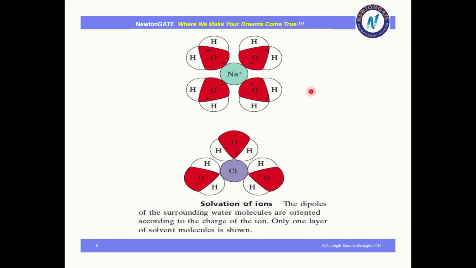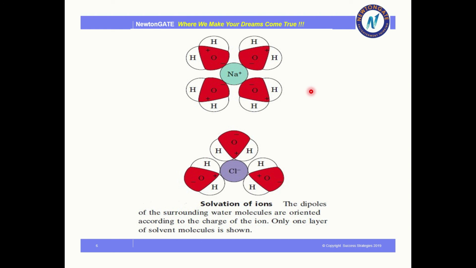So an ion immersed in a polar solvent like water attracts the oppositely charged ends of the solvent dipoles. Na+ will attract the O negative part, right, and Cl- will attract the positive part of the dipole, right. That is how they will be oriented, and when they get oriented in this way, this is called solvation of ions.